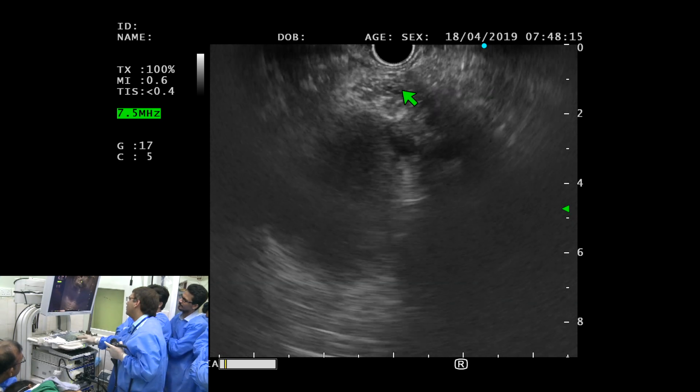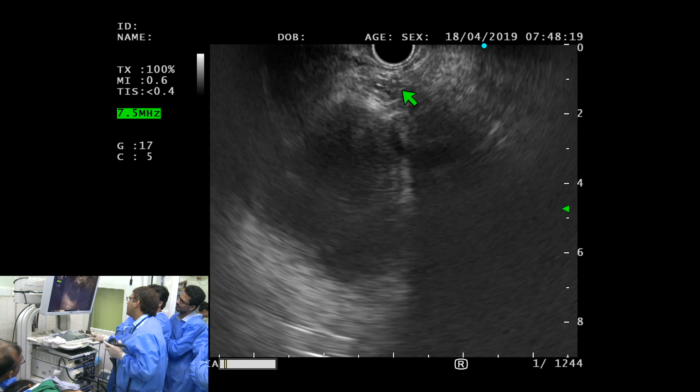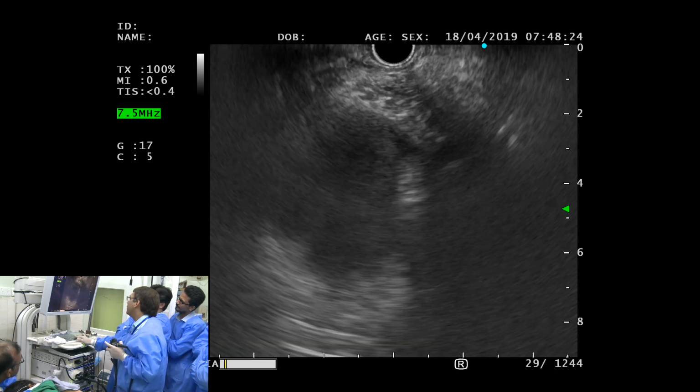Khalid, this is Mustafa here. Can you just freeze the image, and show the candidates the scale on the right side as well as the green arrow, and comment on those things for their knowledge? So from here to here is 1 centimeter depth, from here to here 2 centimeters, 3, 4, and you see this arrow.